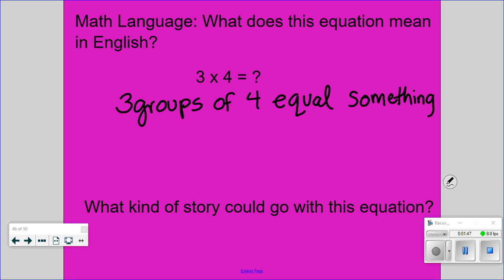I gotta do something before I can do the 4. Sean, you want to add on to that? So you put 3 circles. Why am I putting 3 circles? Because it says 3 groups of 4. So here's my 3 groups. And then you'll put 4 tomatoes on this side. Sure.